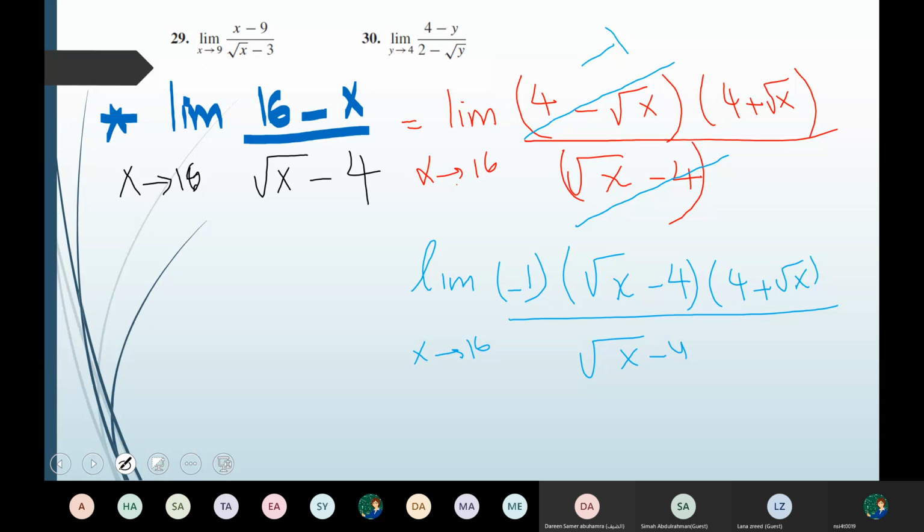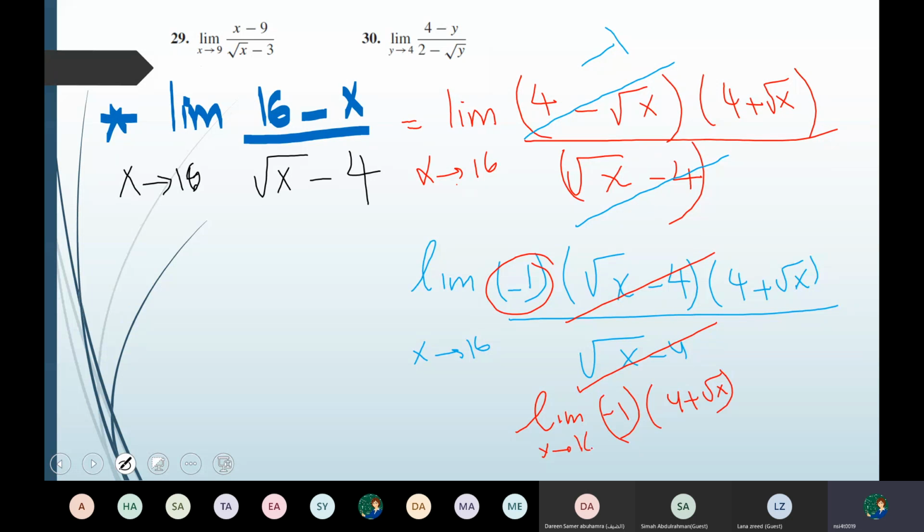Then they cancel each other, so you will have negative 1 times (4 plus square root of x) when x approaches 16. Negative 1 times 4 plus square root of 16, which is 4. So the answer is negative 8.